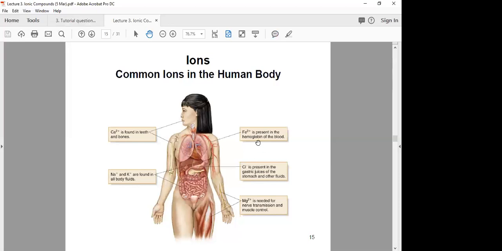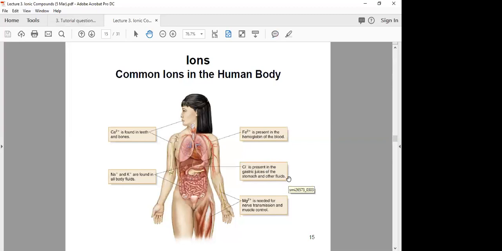Here's another example. Iron, Fe2+, is present in the hemoglobin of blood, but it's also very important in plants, as you'll learn later on. Chloride, the chloride anion, is present in the gastric juices of the stomach and in other fluids.